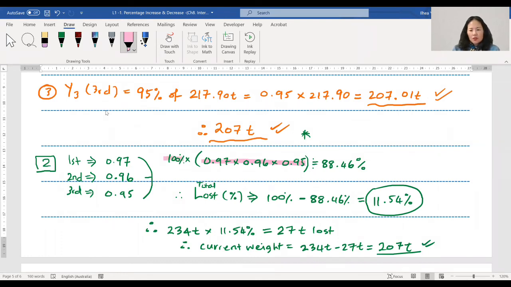And so I will get the percentage of, what that means, what we got left. This is what we got left. That much is lost in percentage. Okay, lost. But we need to know in weight. Okay, the mass. It's 207 ton.